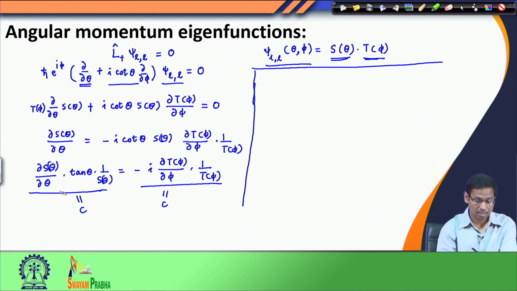We would first take up the theta problem. So, therefore, I write here that this is a constant. Since in this equation I had terms which depend on phi and theta, but since I am now only dealing with one variable at a time, I can replace my partial derivative with a normal derivative.